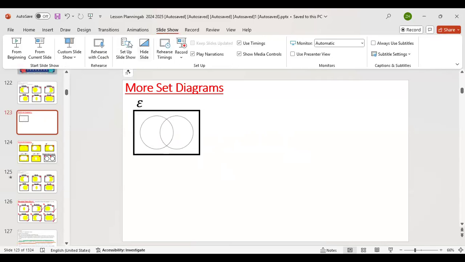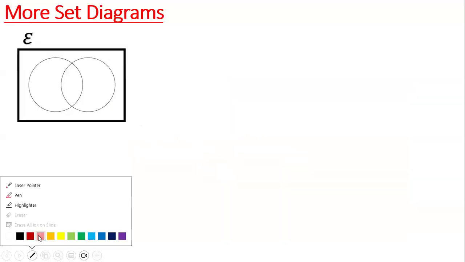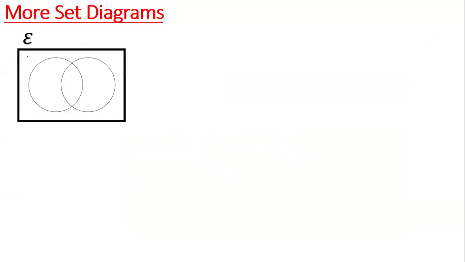So we have, let me put A here. Okay, so this is going to be A. And this is going to be B. And what I want is the universal set. What are we going to shade for the universal set? The whole thing? The whole thing, very good.